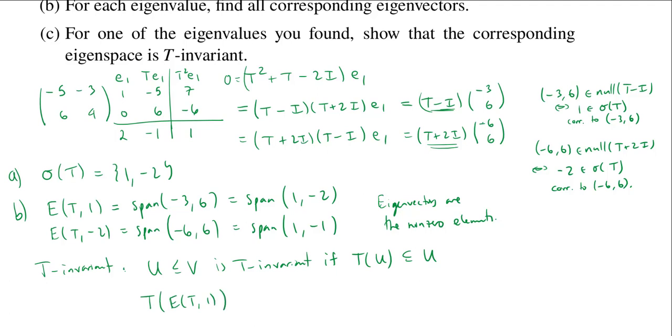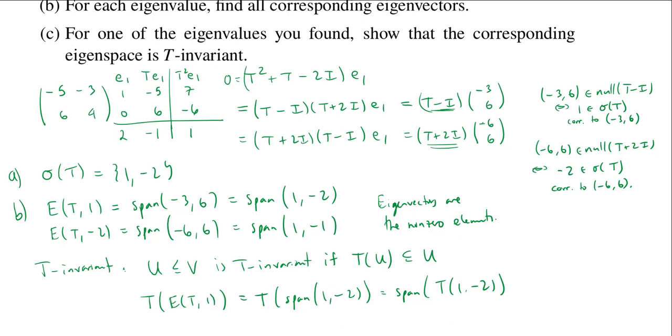So we want to look at, in this case, the image of the eigenspace of T for the eigenvalue 1. So this is the same thing as applying T to the span of (1, negative 2). Oh, but that's actually equal to the span of T of (1, negative 2). Why? Because what does the span do? It finds linear combinations. In this case, it's just multiples of (1, negative 2).